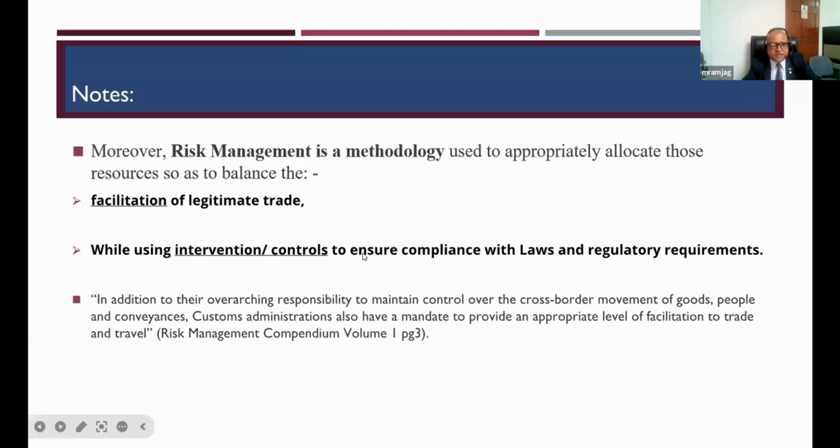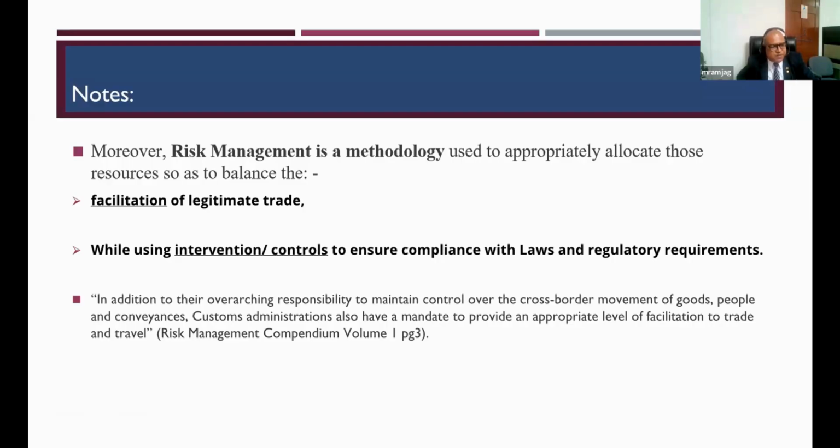Some more notes on risk management: it is a methodology. So I have a problem here. I cannot see that line, but you could read what is there. But it facilitates legitimate trade while using your resources and intervention to ensure compliance with laws and regulatory requirements.